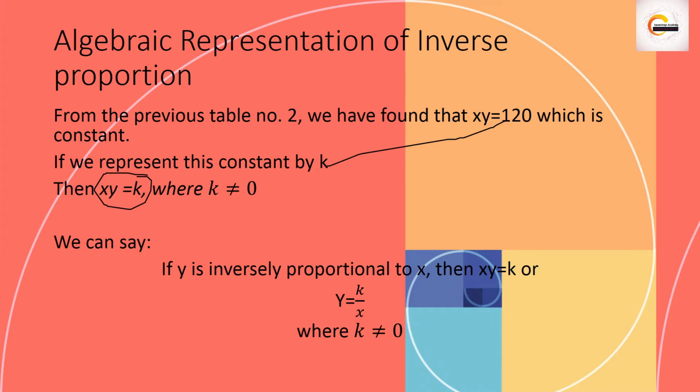Now we can say that if y is inversely proportional to x, then the product of x and y is equal to k, or y is equal to k upon x, where k is a non-zero number.